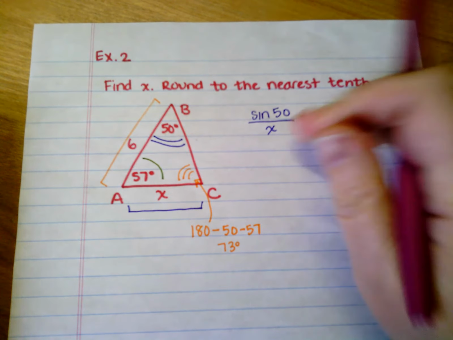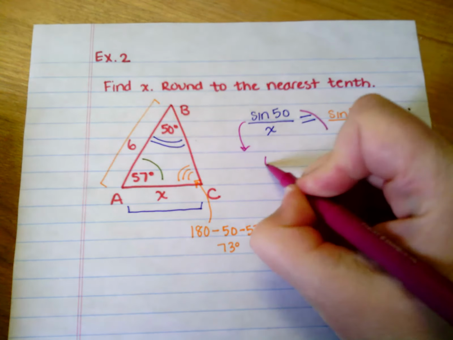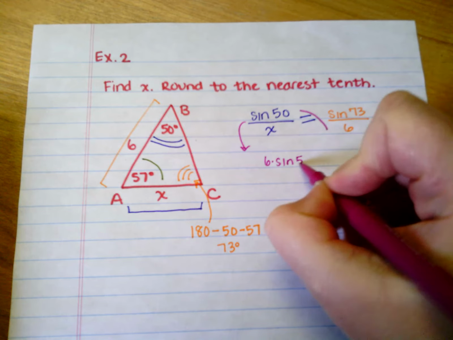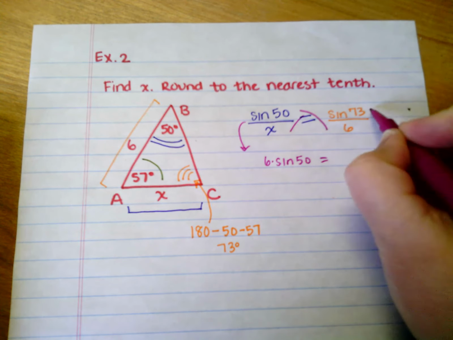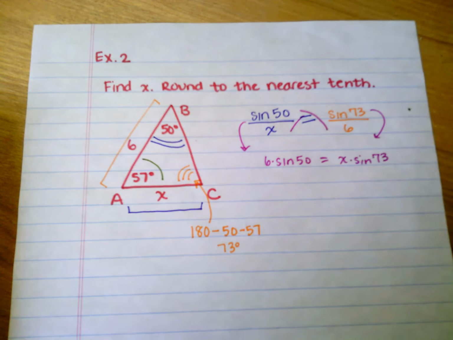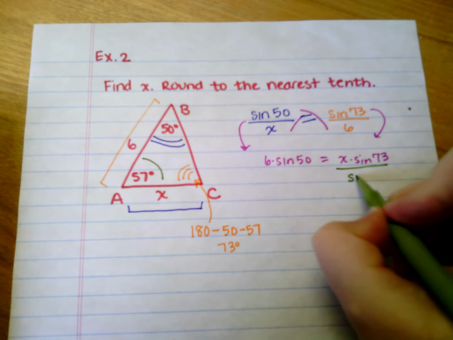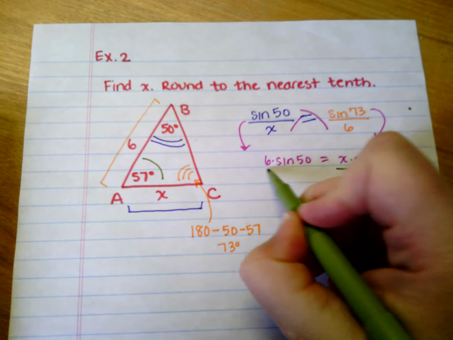And now I've just got a proportion. Cross multiply. So 6 times the sine of 50 equals x times the sine of 73. To get x by itself, we're going to divide by the sine of 73.